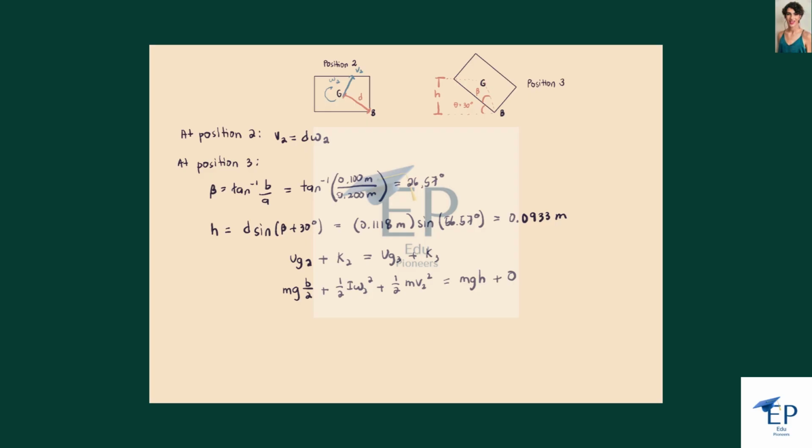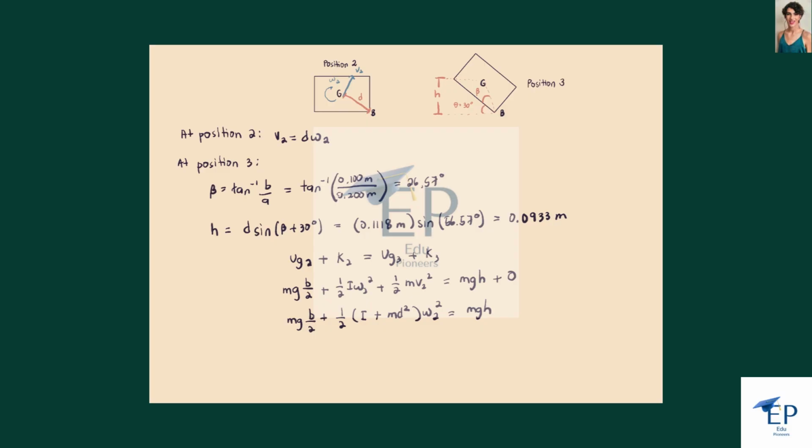Again, substituting the equation for v2, this equation becomes mg b over 2 plus 1/2 times I plus the mass times d squared, because v2 is d omega 2, multiplied by omega 2 squared, equals mgh.